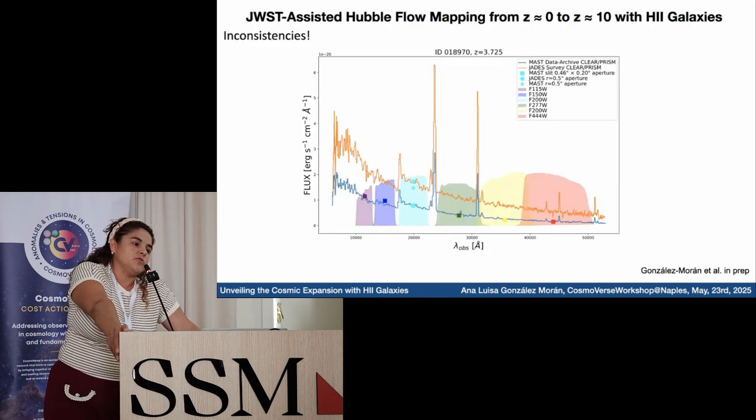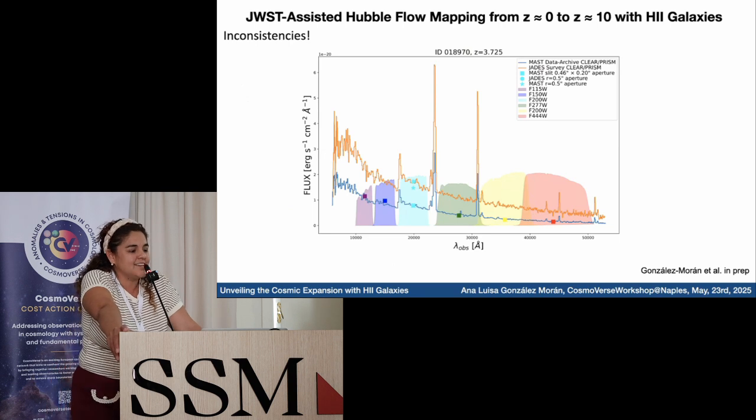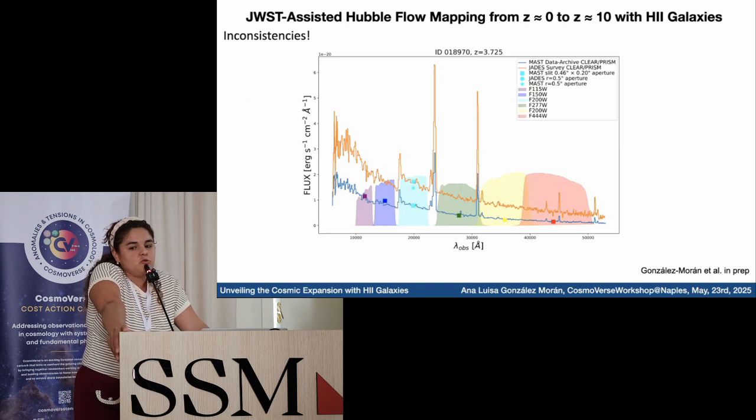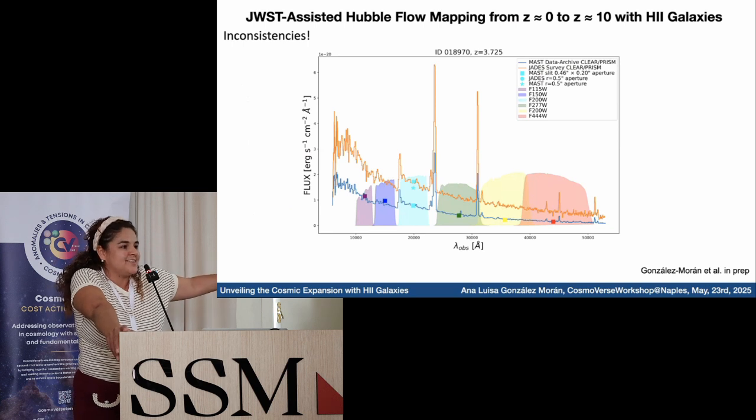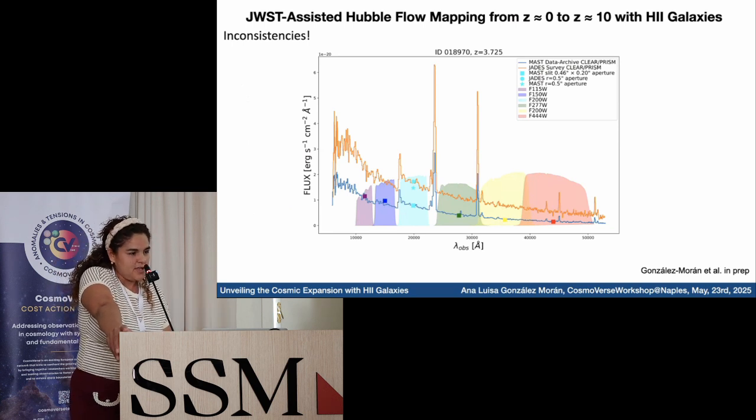And I started to work in more detail with the James Webb Space Telescope, and I started to get inconsistencies. For example, when I observe the same target, but use the spectra coming from the MAST data archive and compare with, for example, the JADES survey, the spectra for the same target are different.